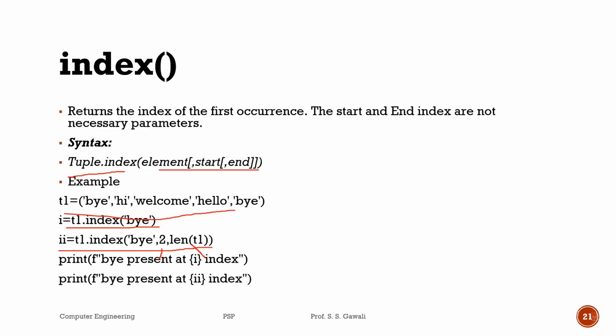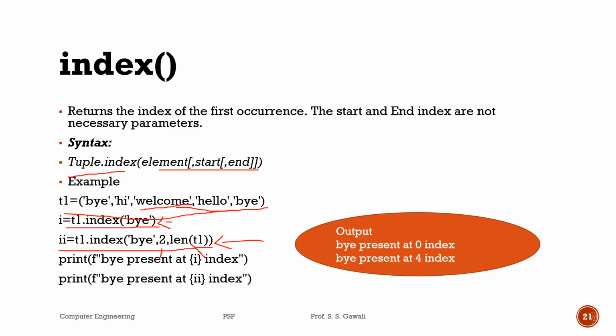Now look here, I used index two times. The first time I used it to retrieve the bye present in the entire tuple, and the second time I just want to start from the second index. So I just want to check bye in the subtuple that starts with welcome to bye. So it's going to return the value present at 0th position, because in the entire tuple the bye is present at 0th position, and if I just focus on welcome to bye, that bye is present at 4th position. Thank you.